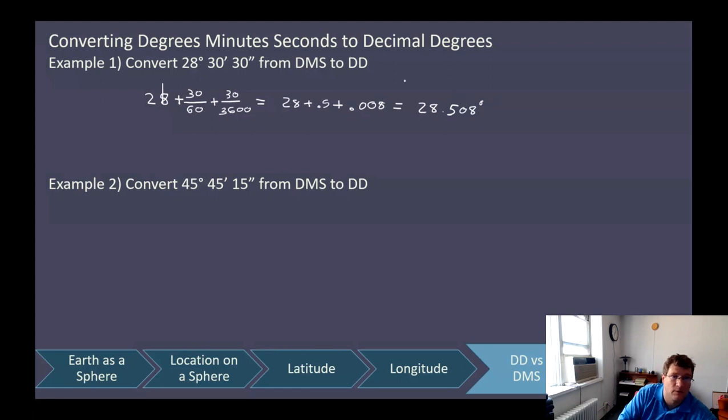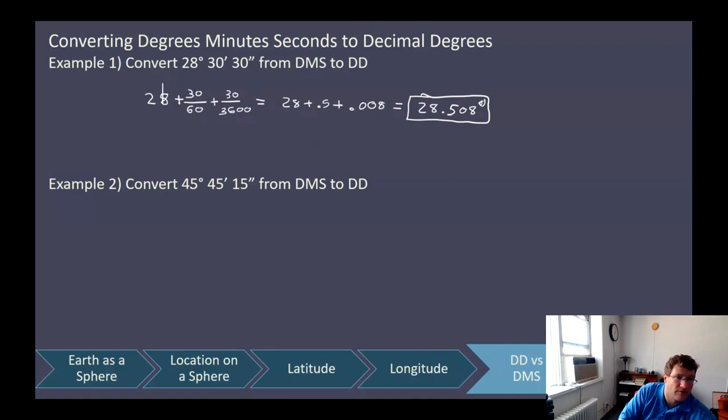In this case, we're not worried about north, south, east, or west because we're just talking about mathematical conversions. But to go from 28 degrees, 30 minutes, 30 seconds, 28.508 degrees is the conversion.